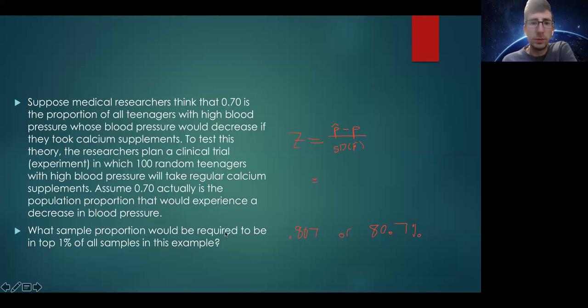So we could have used a Z table to find 0.99 area under the curve to the left to find that missing Z value, and then plugged in our population proportion and the standard deviation of the sample proportions we calculated.